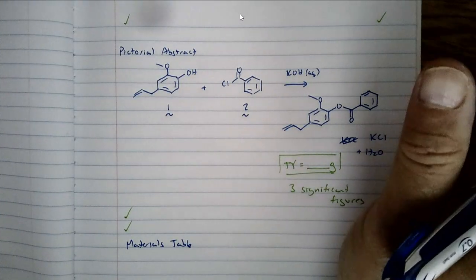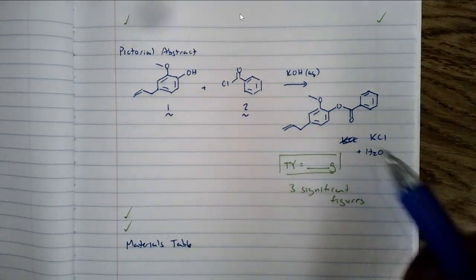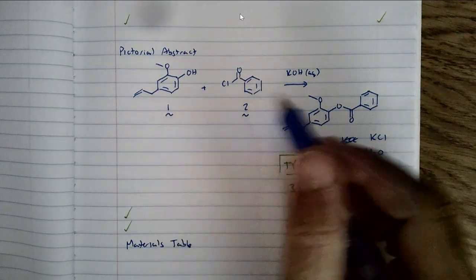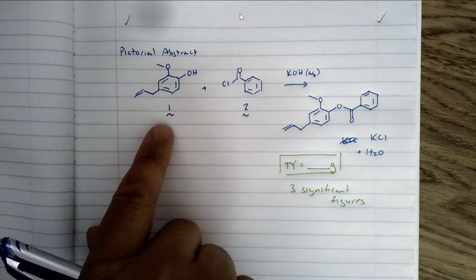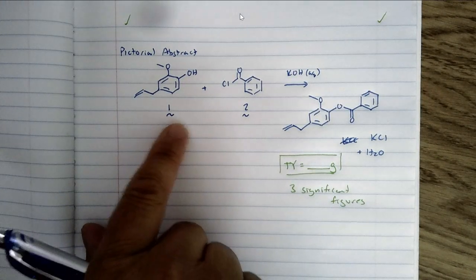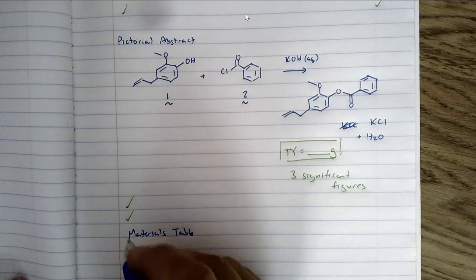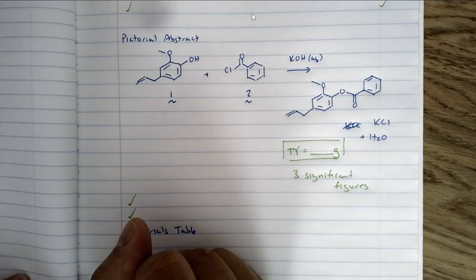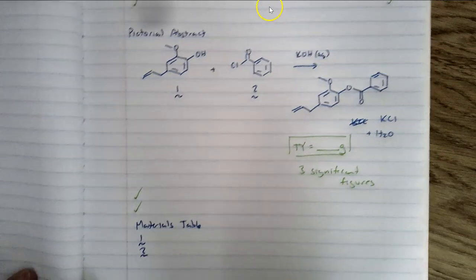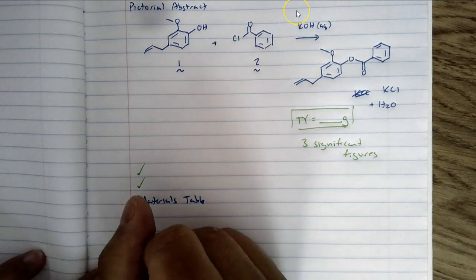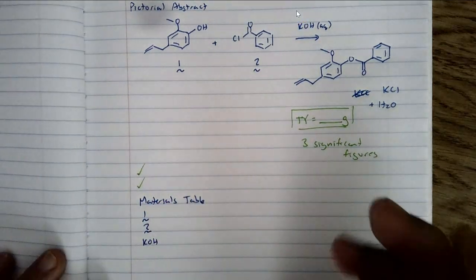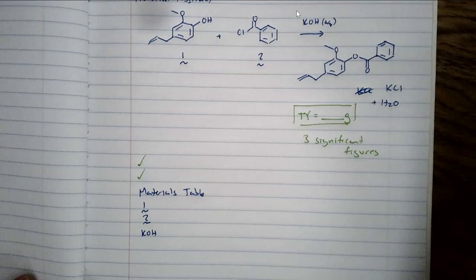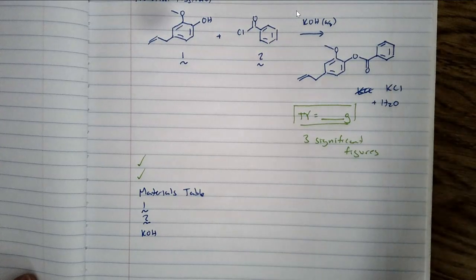If you're typing this, normally you would make it bold, but it's hard to tell what's bold when you're handwriting it, so I put a little tilde or a squiggly line. And we're going to describe those 2 materials. Here's 1, and here is 2. We also have KOH. So you're putting in the main materials that are in the reaction.